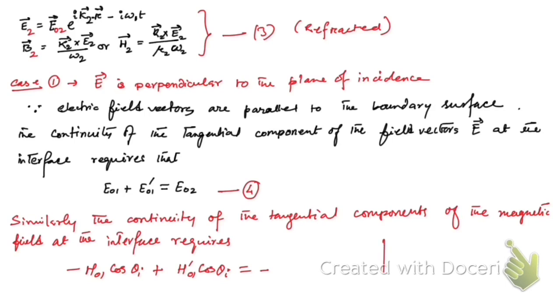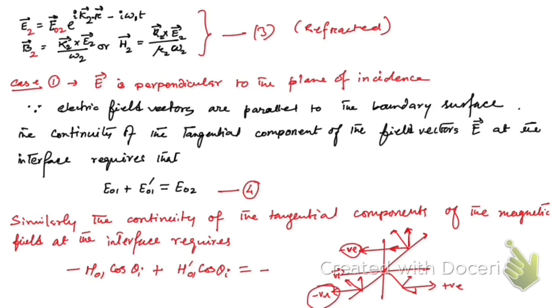Okay, so this was the incident. Here we have two components of this magnetic field vector, this is H, and here we have this one, this is the positive direction, this is the negative direction. Here we will take the magnetic field in this direction, then this is going to be the perpendicular and this is going to be the tangential. Here again this is going to be negative. Two components we're going to get negative.